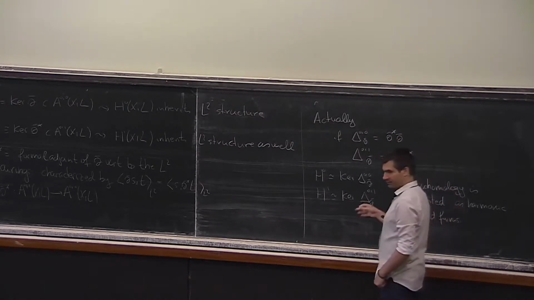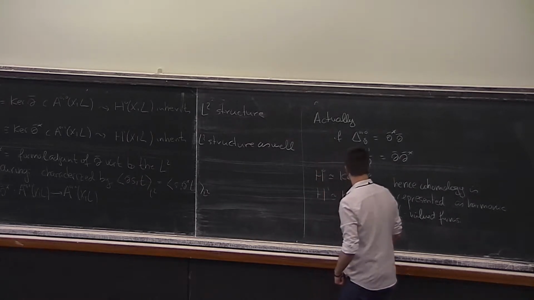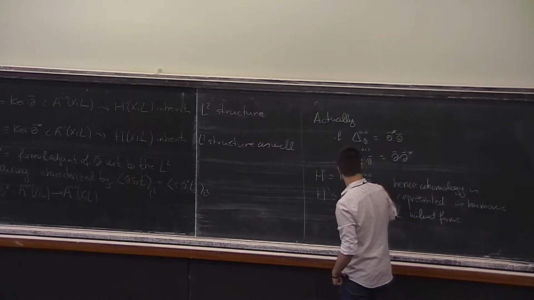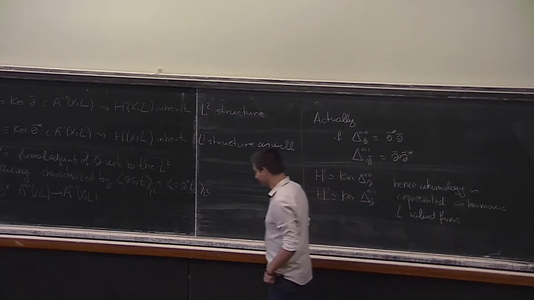So this is how this picture generalizes to higher dimensions, and also shows that from the point of view of these operators, for coherent cohomology, we only need these zero eigenspaces. So later we'll need more.